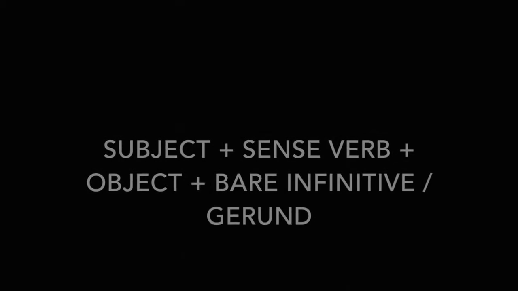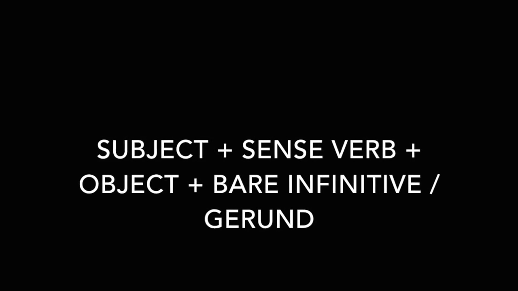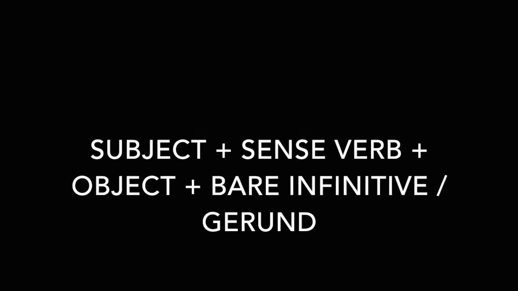Words include see, feel, smell, hear, and so on. We often use this in a sentence structure of subject, sense verb, object, bare infinitive, or gerund. We use bare infinitive when the object's action is completed, and gerund when it's ongoing. For example, "I saw her sing" means that I saw the singing act and the act is finished. We never use "I saw her sang."